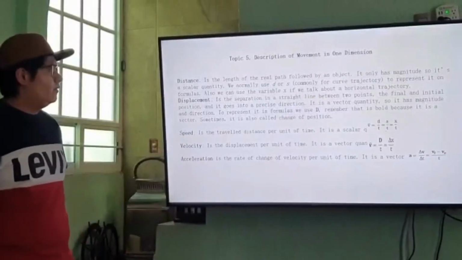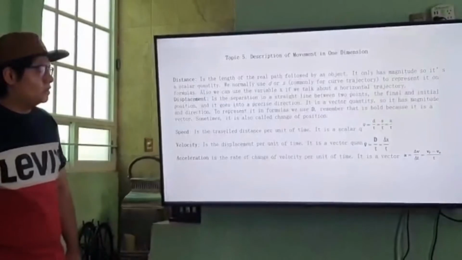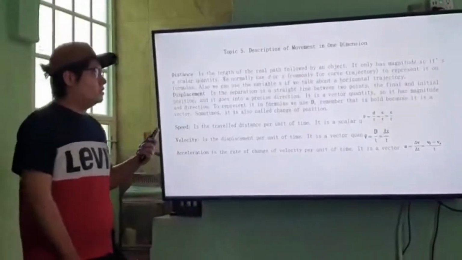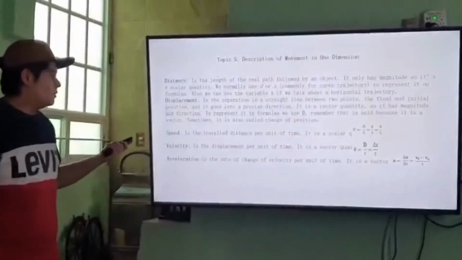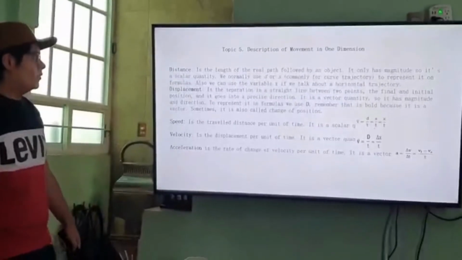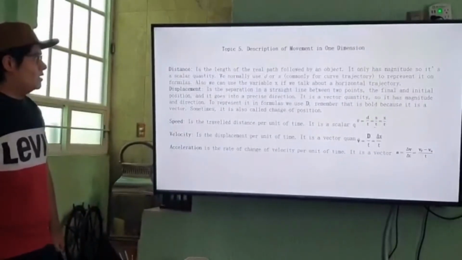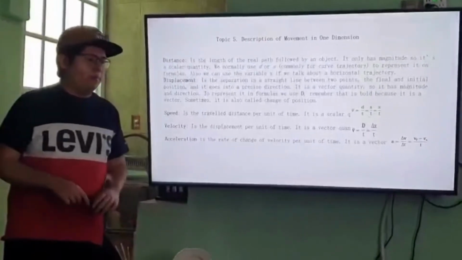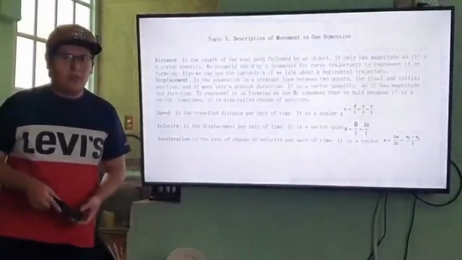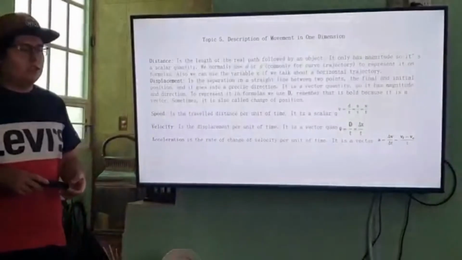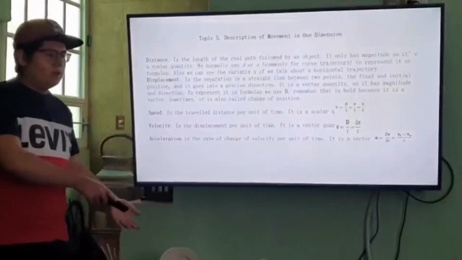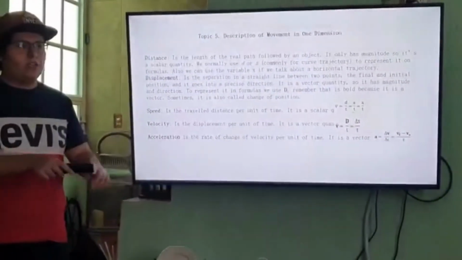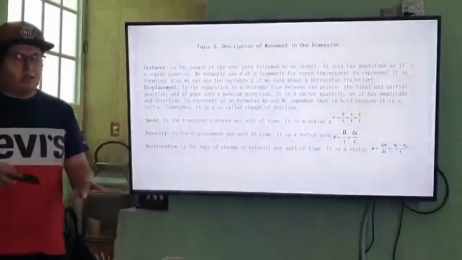This is topic 5. It's what I was telling, that there are differences between distance, displacement, speed, velocity, and acceleration. The distance is only the length that an object has between two points, and the displacement considers the time and the distance that it has covered.